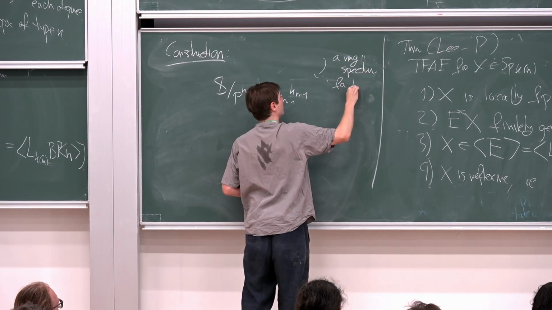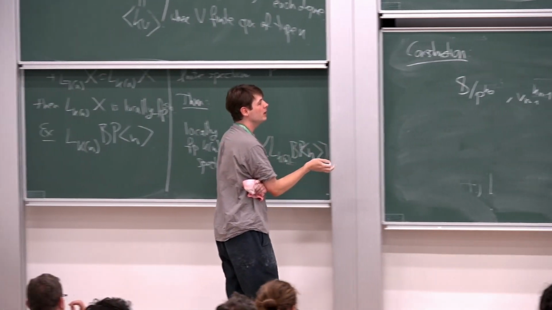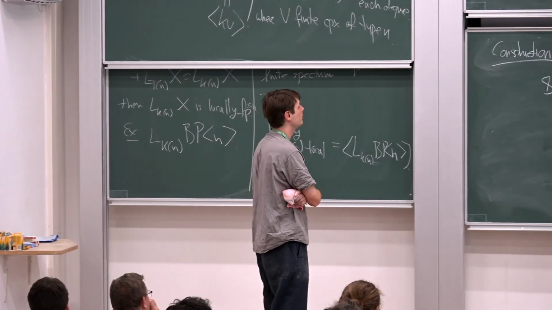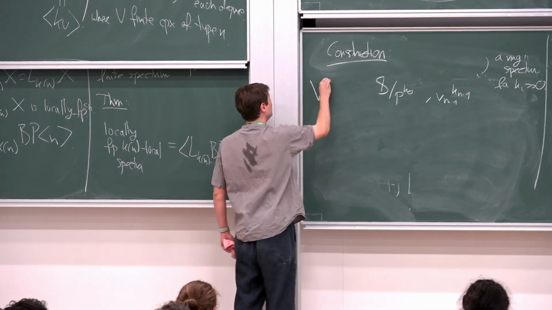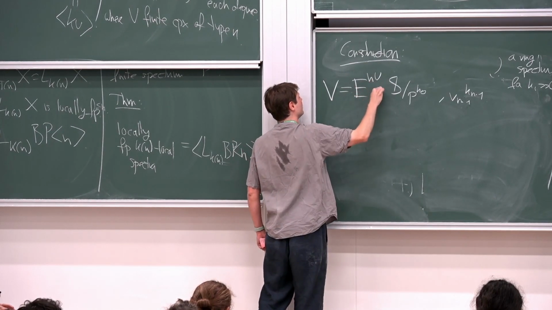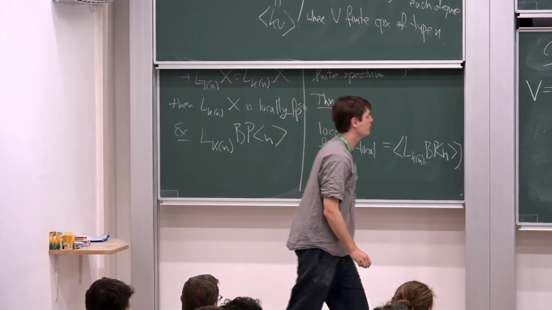For large enough indices. By which I mean it can be made an E_n ring spectrum for any n, if you choose your indices large enough. So that's actually quite close to what we need, but we're going to take this V, and then we're going to tensor with this finite Galois extension of the K-local sphere.